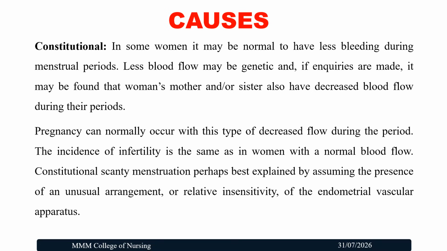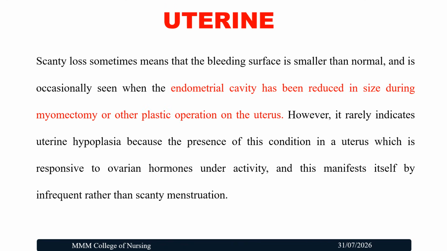The constitutional scanty menstruation can perhaps be best explained by assuming the presence of an unusual arrangement or relative insensitivity of the endometrial vascular apparatus. In uterine bleeding, scanty loss sometimes means that the bleeding surface is smaller than the normal one.